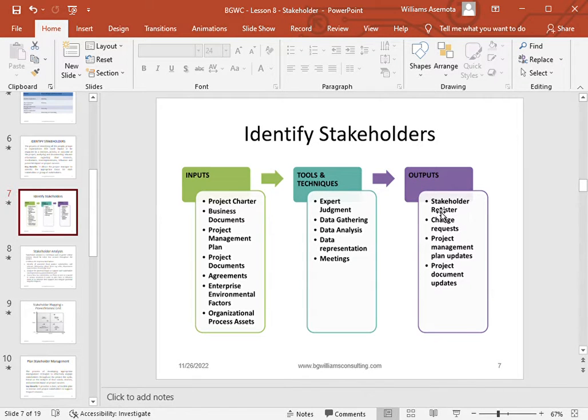So that is where you have your stakeholder register. You can see that at the identification stage of your project, you can see change request as an output, which means at the beginning you can identify 20 stakeholders. As time goes on, some are done, they move on. Yes, you can identify more. Which means there's room to keep identifying stakeholders from the beginning to the end of the project.